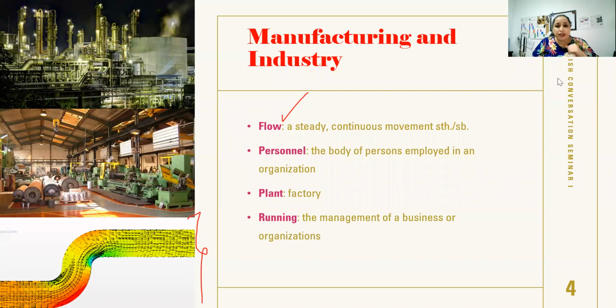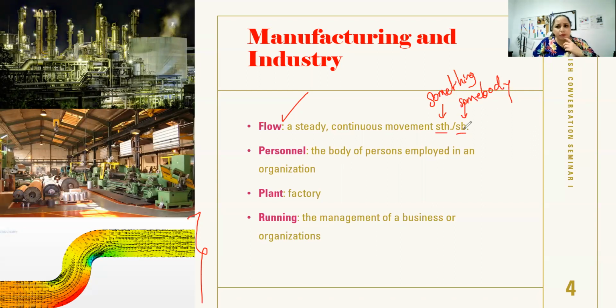So the definition of it is a steady, continuous movement of something or somebody. These are the abbreviations for that: something or somebody, which could be someone also. All right. That's flow.